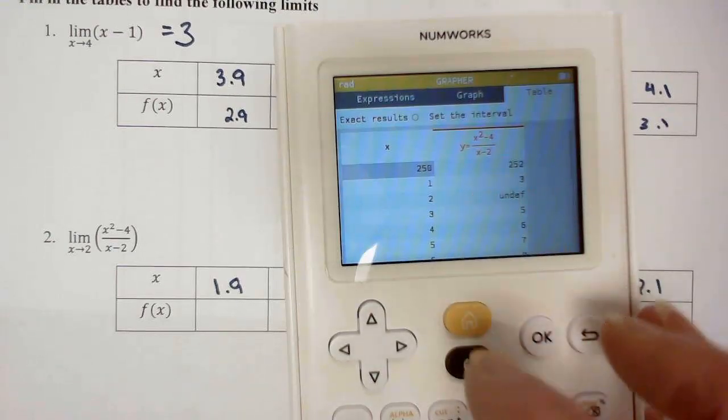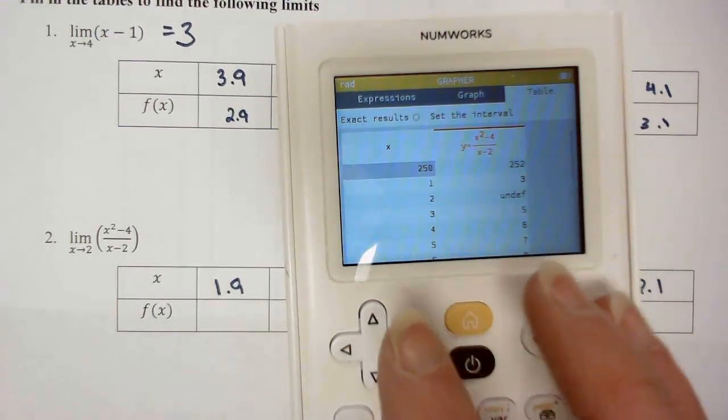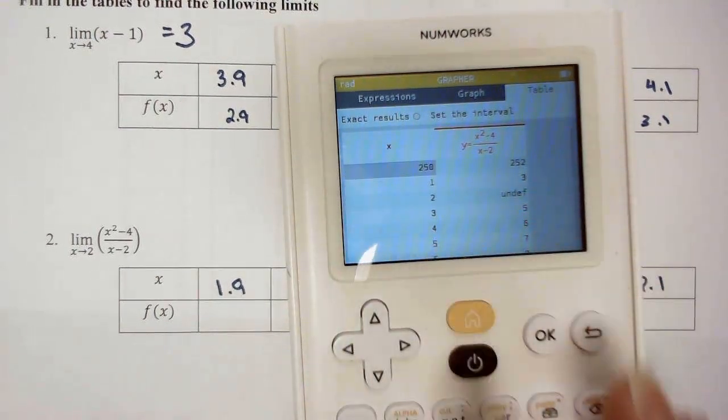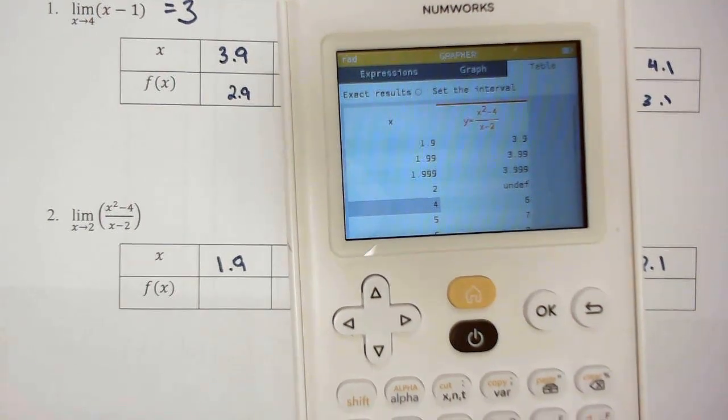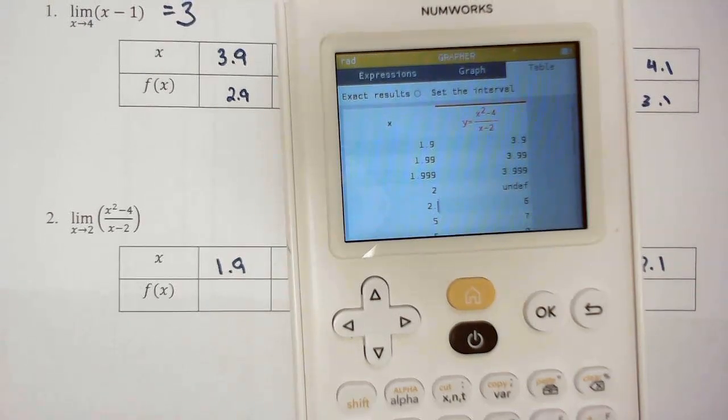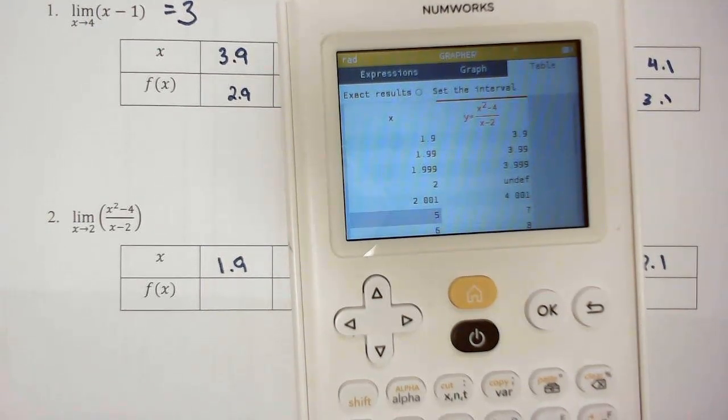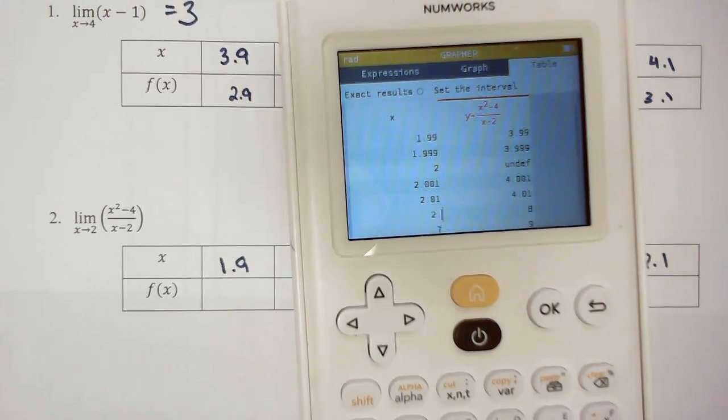The nice thing about this calculator is I can type in whatever x values I want. So 1.9, 1.99, 1.999, 2. Now, look, when I plug in 2, it says that's undefined, so that doesn't exist. 2.001, 2.01, 2.1.